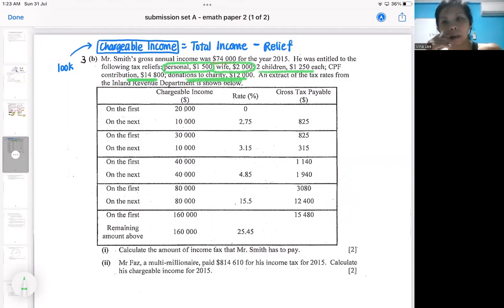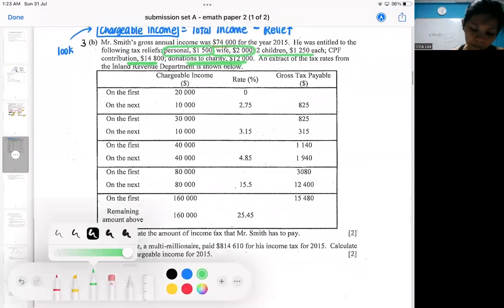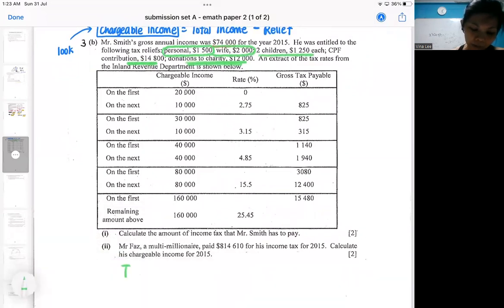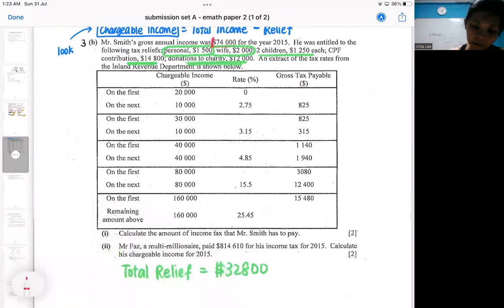When the chargeable income is lowered, you actually pay less tax. If you look at my working, I total up all the reliefs. All the green color ones are the reliefs. So my total relief is 3,800, and the total income is 74,000.